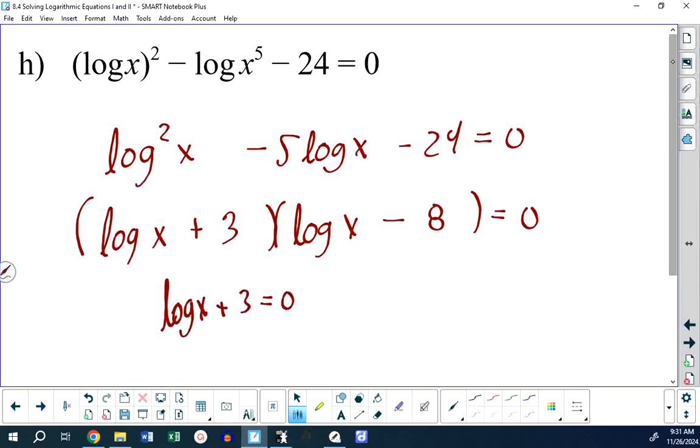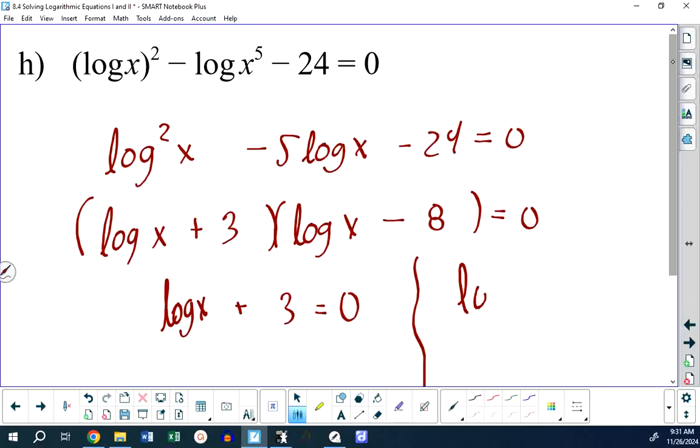Be very careful here. You understand when I just said that, I don't mean log of x plus 3. I mean log of x, plus 3. And even the way I wrote it, if I could go back in time, and I can because I have an eraser, I would probably space things out a bit just to make sure that everybody's clear that 3 is not part of the argument.